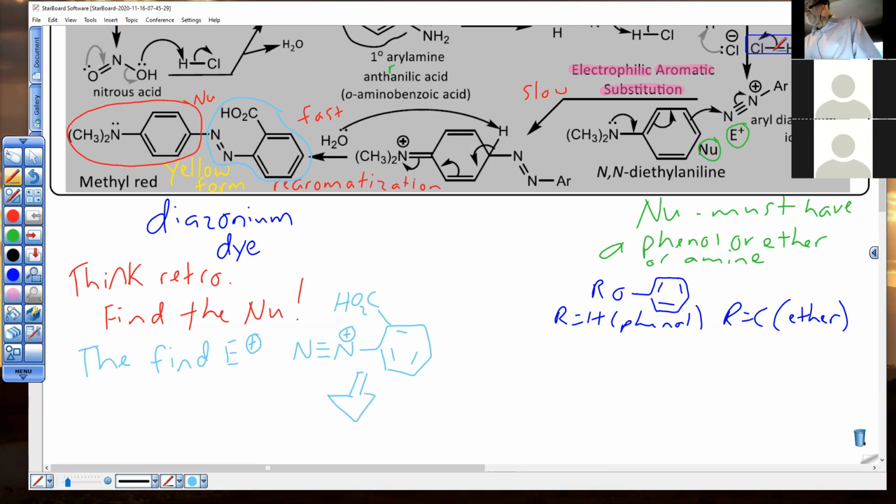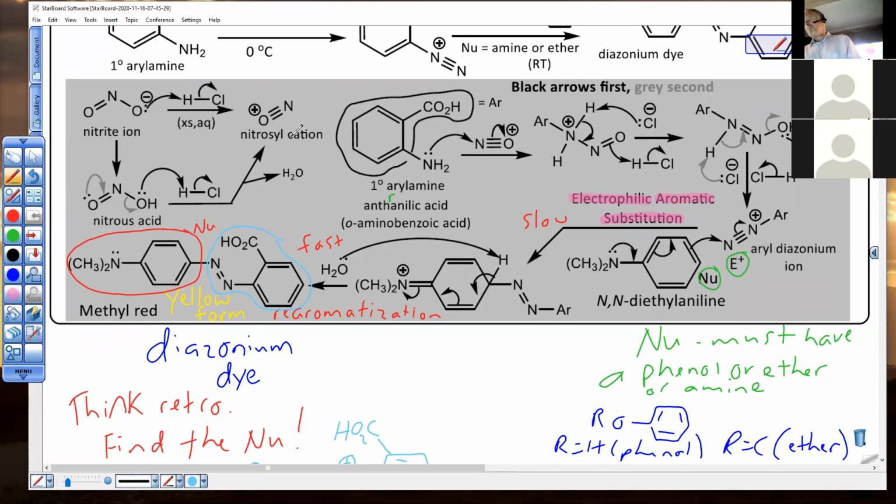And what's it come from? You didn't start with that. It came from, if you look backwards, it came from this. Take a look. Where did we get the diazonium? Right there. We short formed this to Ar, but this thing became a diazonium. So this NH2 ended up being an N here. We'll put a highlighter on it.